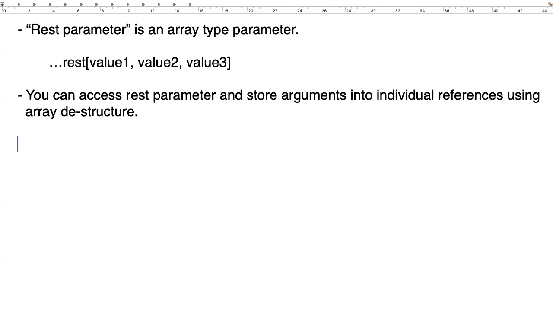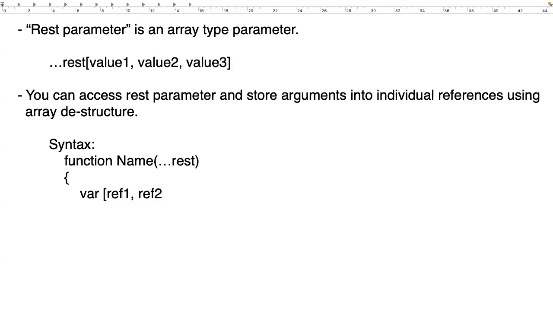By using array destructuring mechanism, we can do that. So generally, I will give a syntax here. We have a function name and any rest parameter name, and we have var reference1, reference2 is equal to rest.